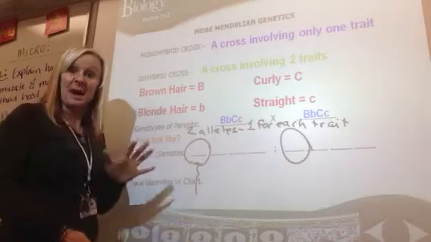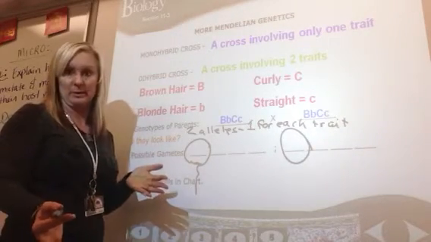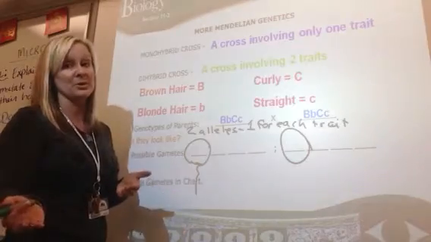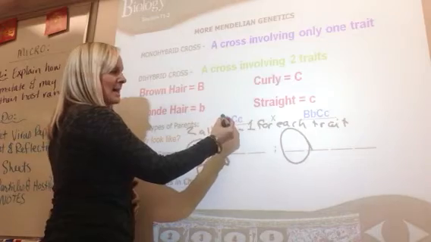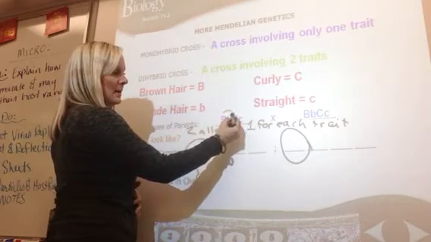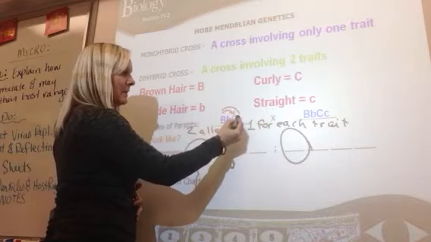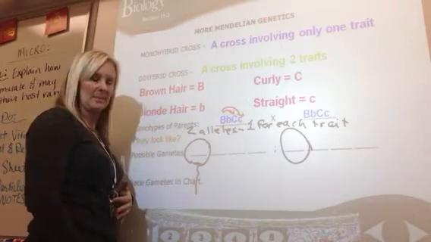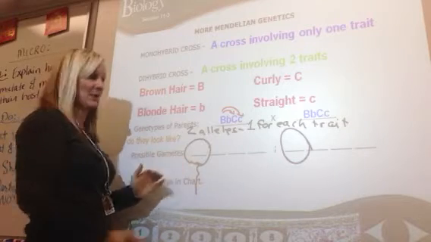Okay? Now, let's check this out. Different combinations. I'm pretty sure in math class you probably learned how to double bubble. Okay? If you don't know the term double bubble, then you at least know the term FOIL. So here, I can cross the capital B with the capital C, or I can cross the capital B with the lowercase c. So those are my first two combinations for gametes, for sperm, that the dad could make.